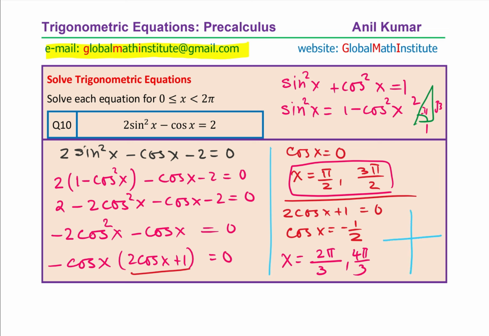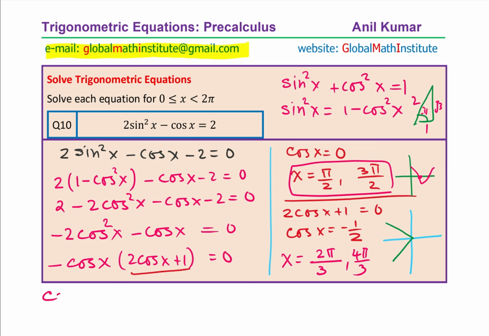Perfect. So for this equation, we have these 2 answers, and let me draw those 2 also. Cos function being like this, right? So those 2 answers. You get the idea. So that is how we get all the solutions.